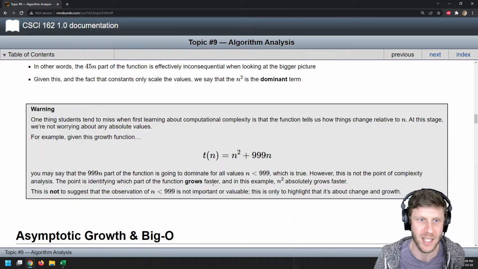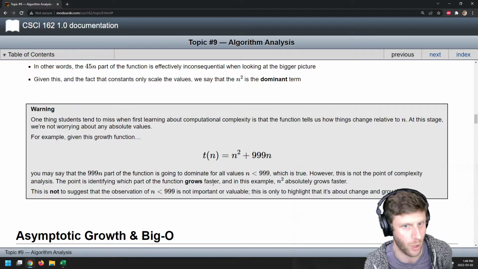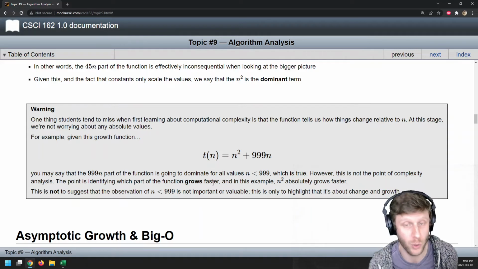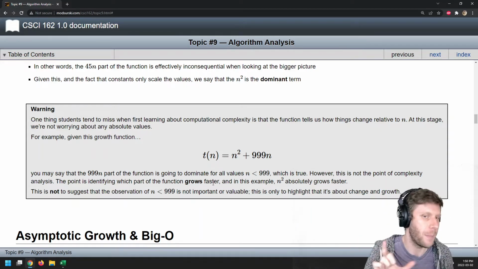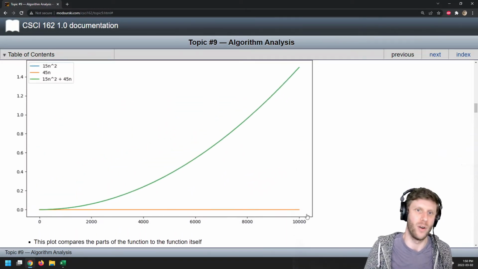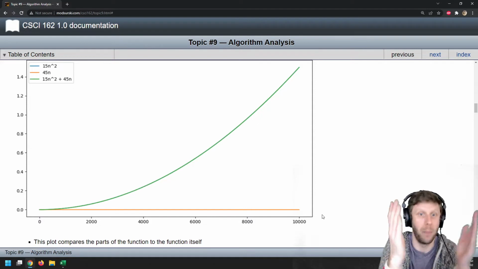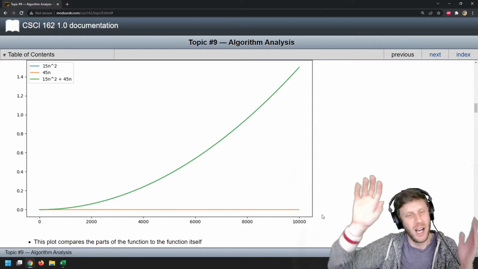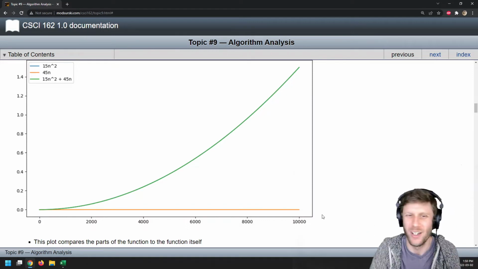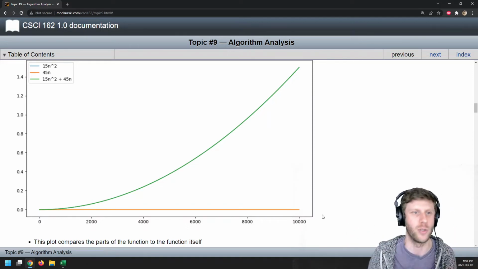The point is identifying which part of the growth function grows faster, and in this example, the n squared absolutely grows way faster. We're not looking at this for any particular value of n. I'm looking at how it changes: when n changes, how does it affect T of n? I'm looking at them as a function, not a single hard value.